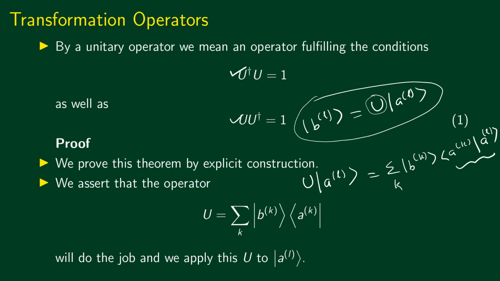Now we said that we are talking about an orthonormal set of base kets. So this is the sum over k of ket Bk times the inner product bra Ak ket Al. By orthonormality, this is delta kl.